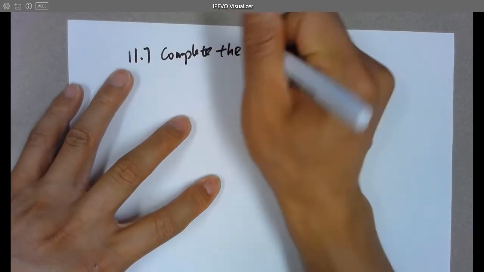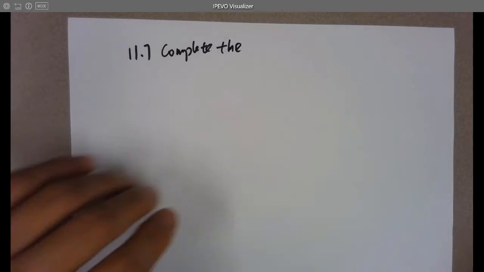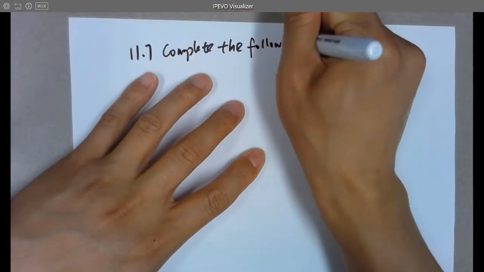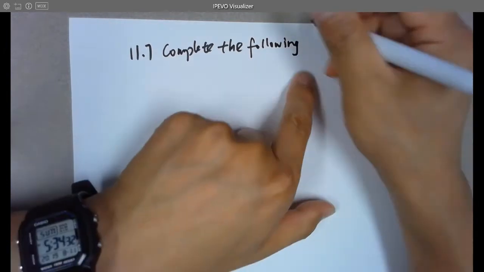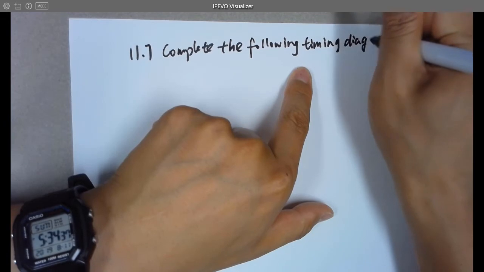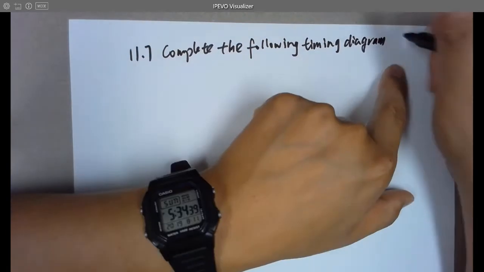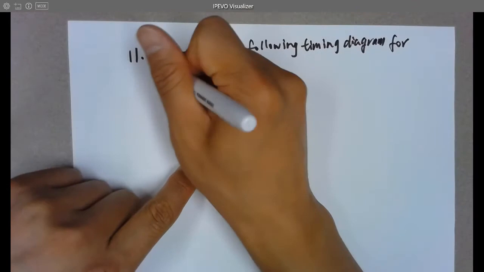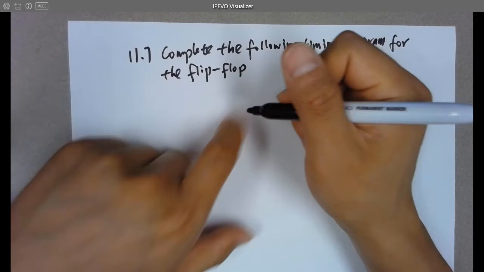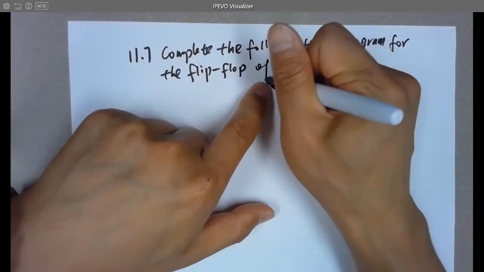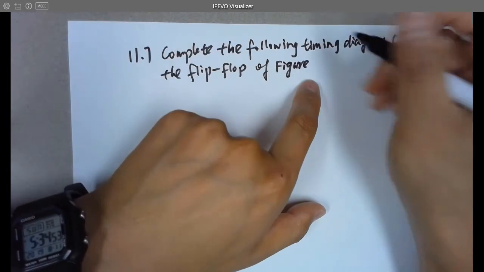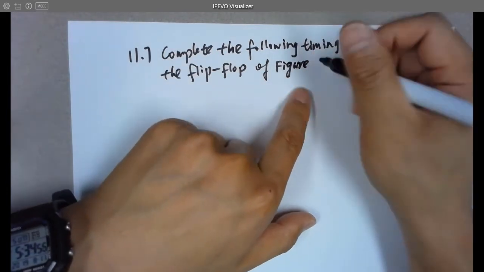Complete the following timing diagram for the flip-flop of the following figure.